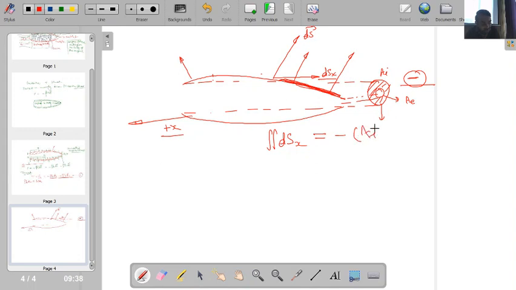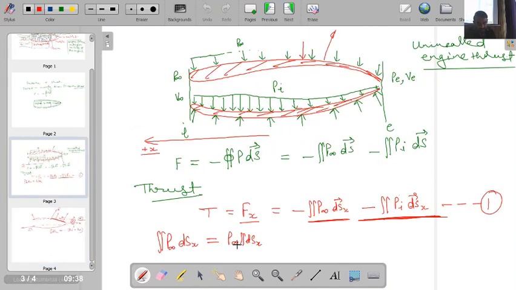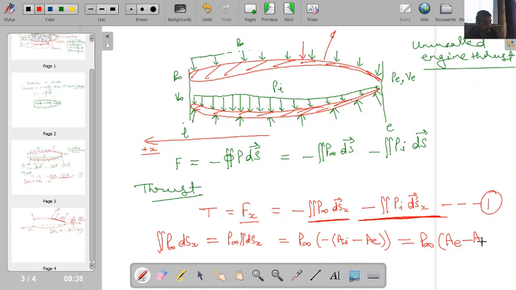So I can write this integration of P infinity ds as P infinity times minus of AI minus AE, which I can simply write as P infinity times AE minus AI.